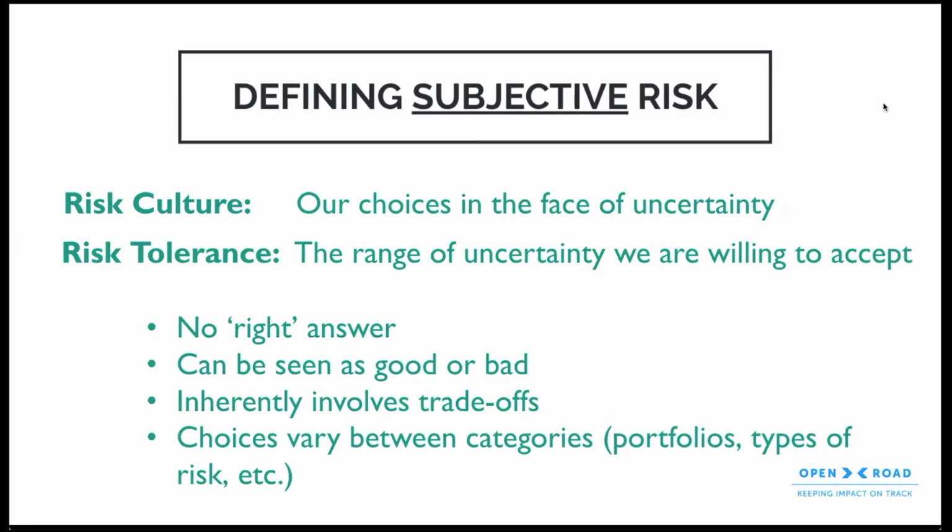So again, being risk tolerant or risk averse is neither inherently good nor bad. However, it does involve trade-offs. To put it mildly, you can't expect Tesla-sized returns for investing in municipal bonds. The same goes for impact. You can't expect Tesla-sized impact returns if you're investing in a project that is the equivalent of a municipal bond for impact. So there's always a trade-off between risk and return.